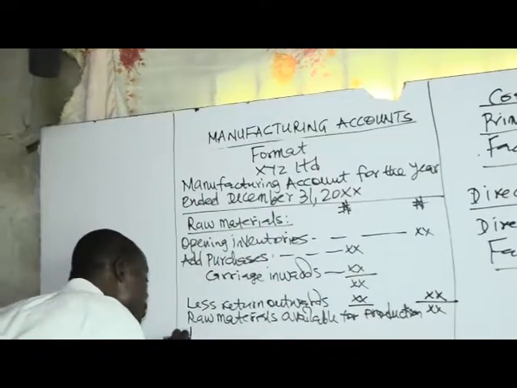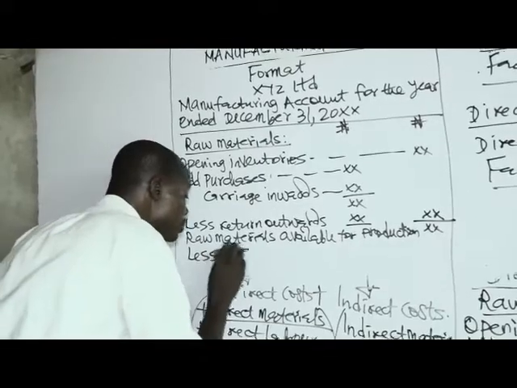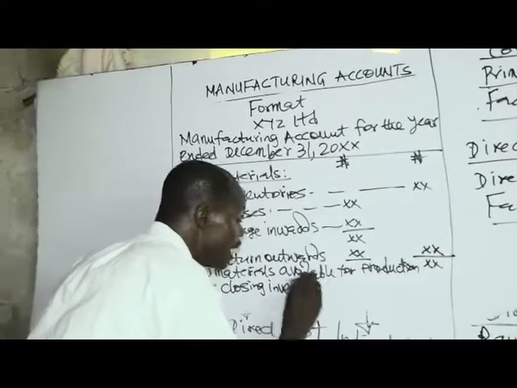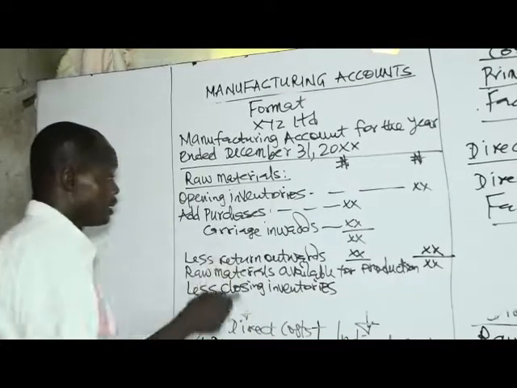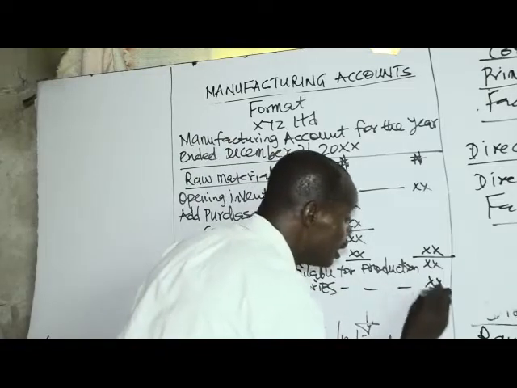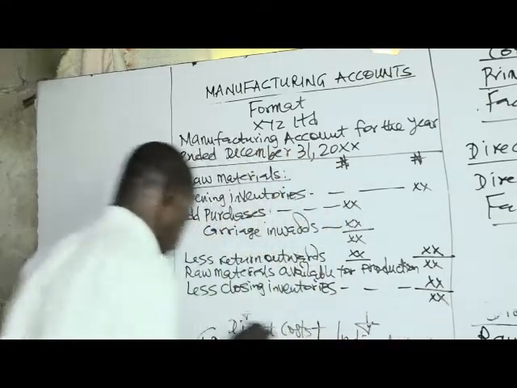So less closing inventories of raw materials. By the time you deduct this, you get your raw materials used.